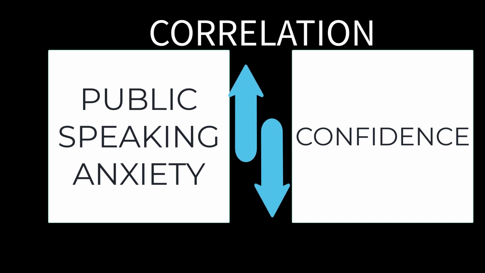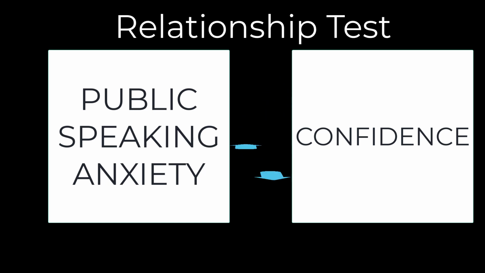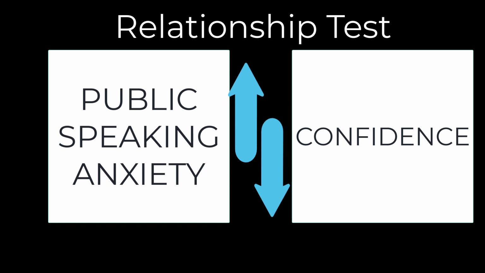We only know that they tend to move in the opposite direction. So we predict they're negatively related or negatively correlated. This means that when one variable goes up, the other goes down, and vice versa. When one goes down, the other tends to go up. In this example, we can only explain how the variables are or are not related to each other, and that is why we call this type of inquiry a relationship test.